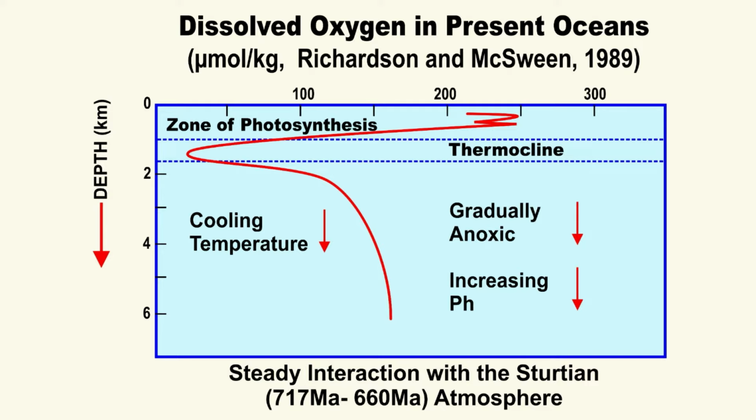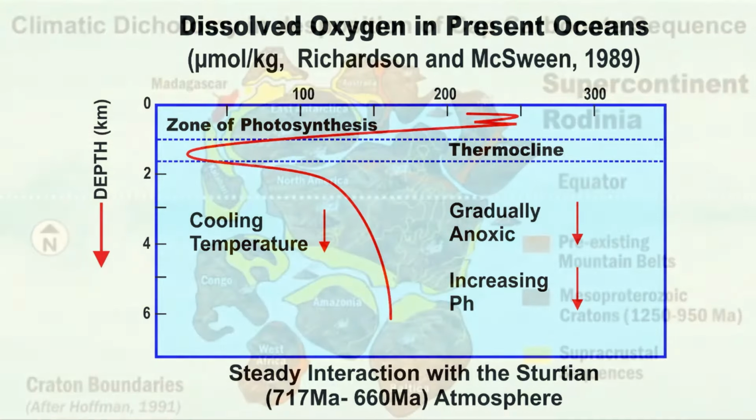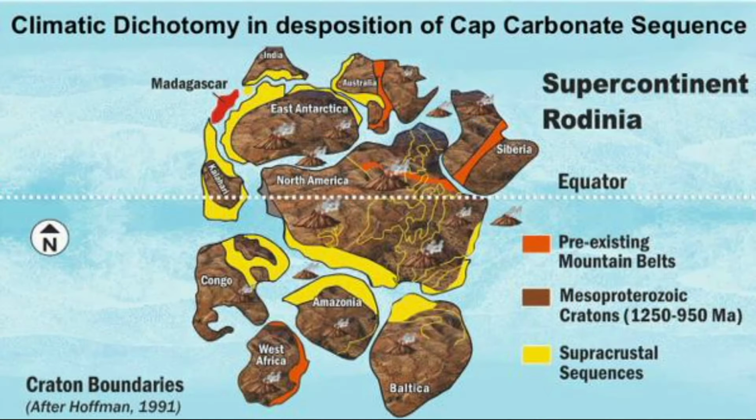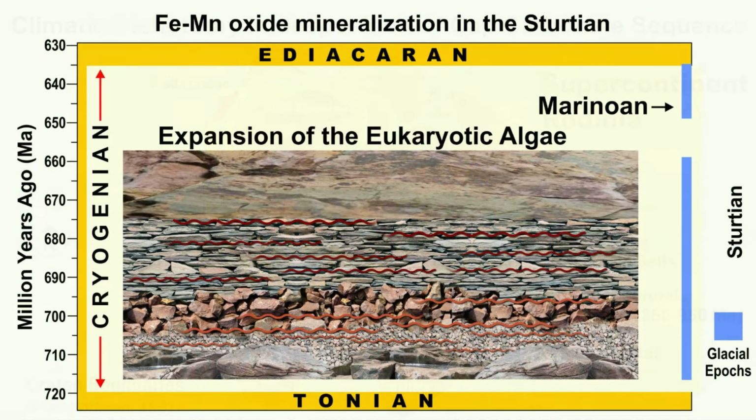With depth, it gradually becomes oxygen poor with lower pH. Applying the Tonian principle once again, it could be visualized that such a variation was also in the Neoproterozoic oceans about 700 to 750 million years ago.